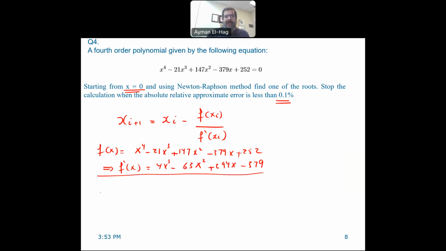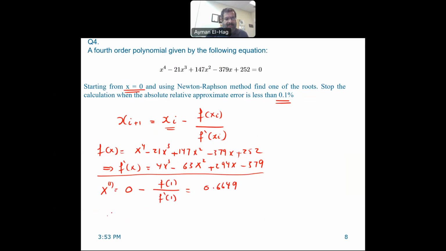So we start with x1 equal to the previous number, which is 0, minus f at 0 divided by f prime at 0. When you substitute the values, I will use 4 significant digits by approximation. You will get 0.6649.